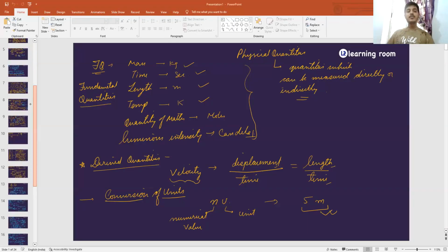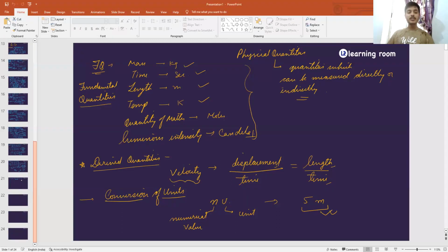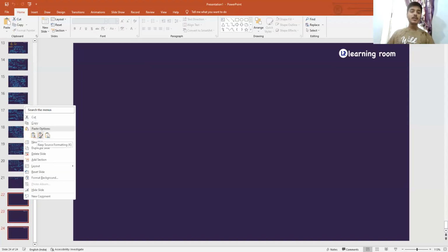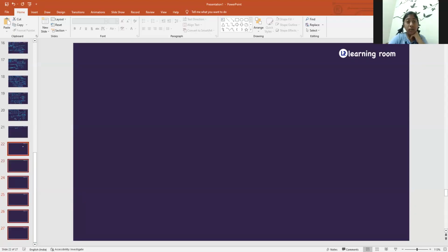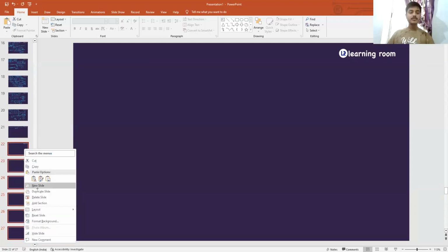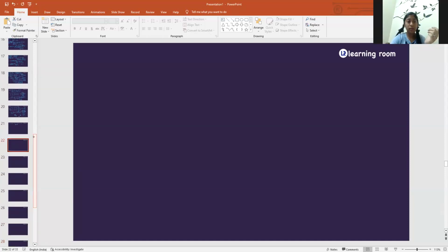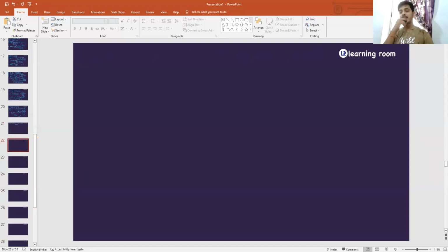So in units and dimensions, we studied about the units, we studied about the dimensions. Okay, what are the uses of dimensions? Ritika, what are the uses of dimensions? Three uses. I made you write.